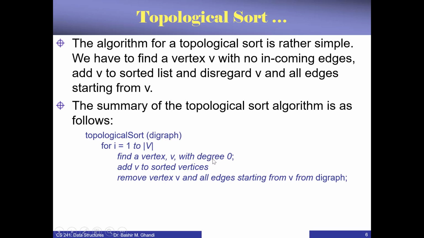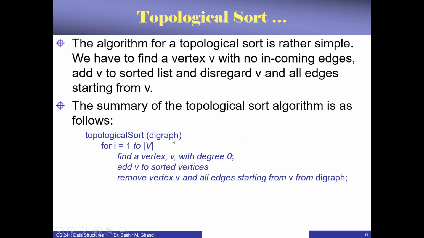In degree is the number of edges coming to the vertex. If you get 0, meaning no predecessor has not been taken care of, visit that vertex. Then remove that vertex and all edges starting from that vertex from the graph. This is basically the algorithm.